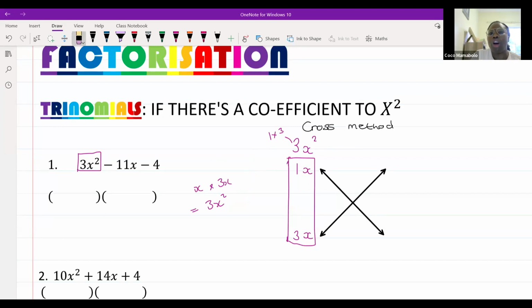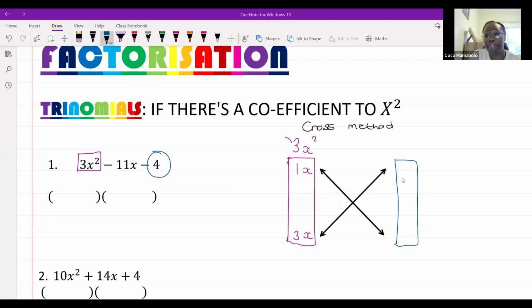Right. Now, on the other side, on this side of my bracket over here, I want the factors of that last number, 4. What are my factors of 4, guys?